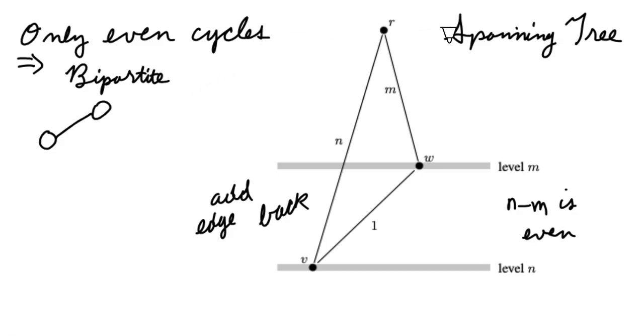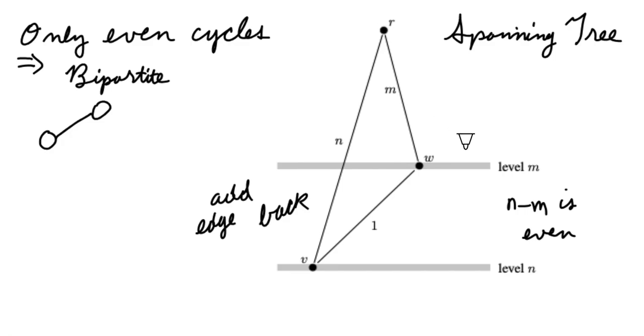So imagine that we have a spanning tree for this graph, and let's just pick one of the vertices, call it R, and say it's the root. Now this vertex is going to be connected to every other vertex in the spanning tree.